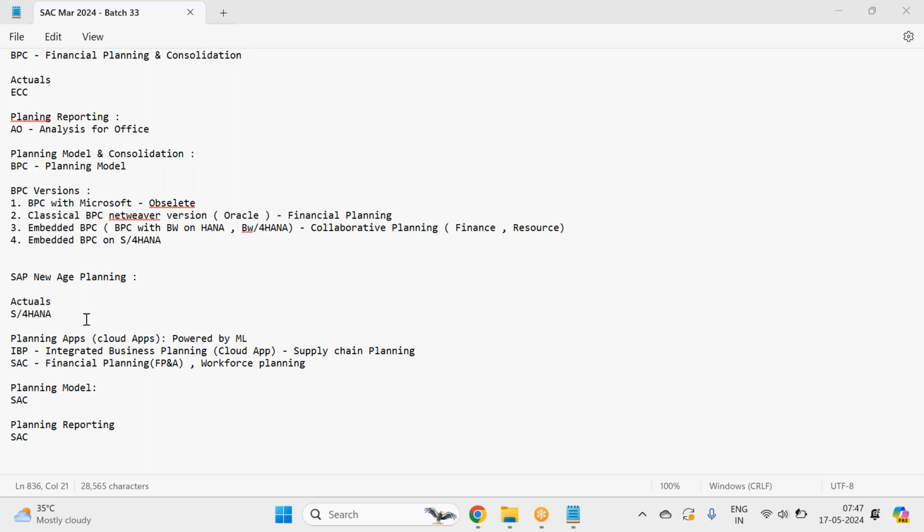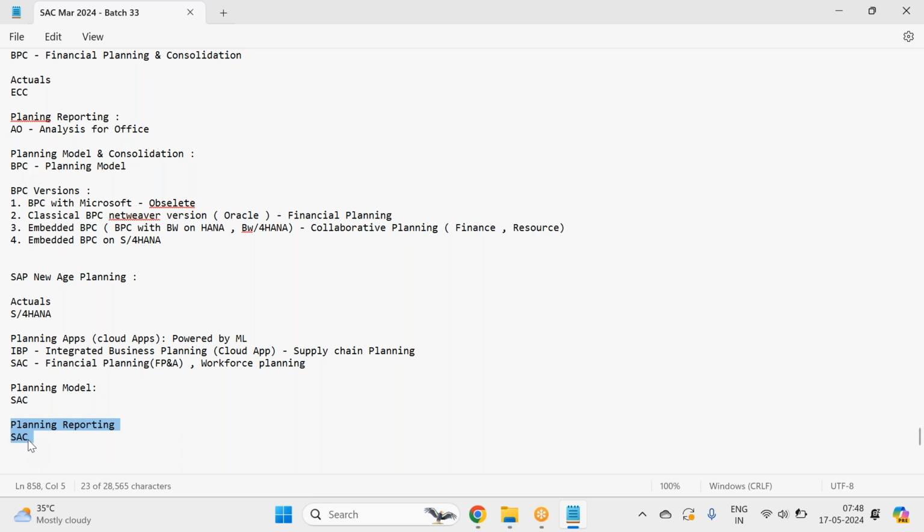Okay, so guys, here we are also moving away from traditional reporting like Analysis for Office because of SAP Analytics Cloud. Here we build the planning model within SAC and the planning reporting also happens in SAC. So the planner and the technical consultant both work at the same place, guys, in the same system. The planner makes all the changes to the data distribution in the planning reporting in SAC.